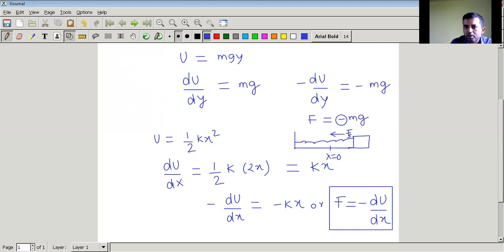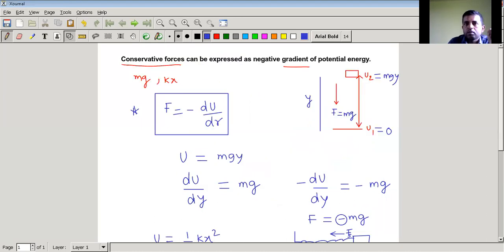Now you see the direction and potential energy. As the block comes here, its potential energy will decrease. So this point basically means that the conservative force points along the direction of decrease of potential energy, right? So that's what we mean by this point. Thank you.